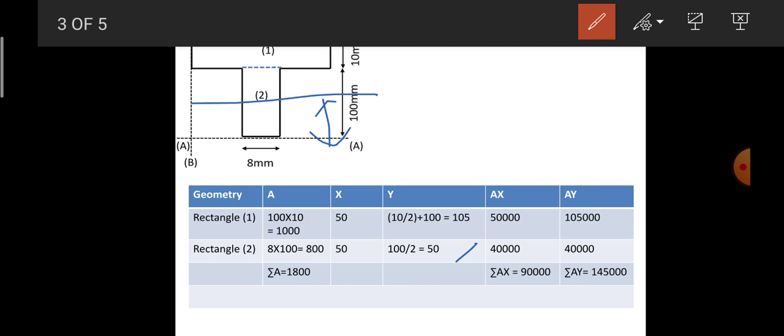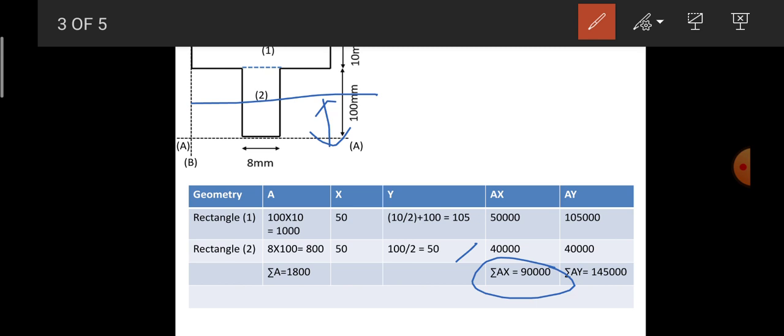After determining y and x, I get the products AX and AY by multiplying each. After getting the values of AX and AY, I need the overall summation of AX and AY for the individual rectangles, so that I can get the overall AX value for the T section.